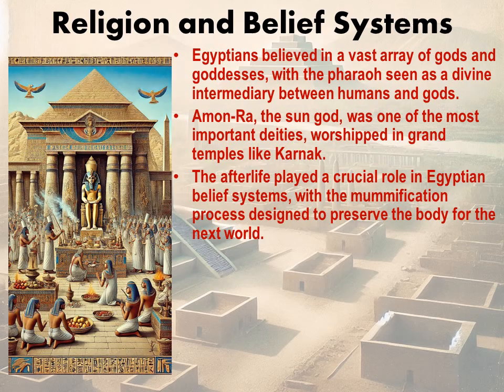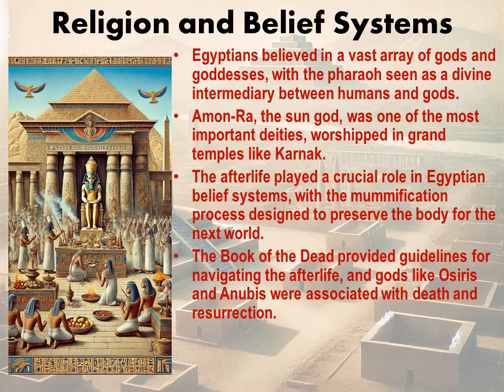Afterlife means life after death. The Book of the Dead provided guidelines for navigating the afterlife. So there is a specific book called the Book of the Dead, and that book guides a person on how to navigate or go to the afterlife.